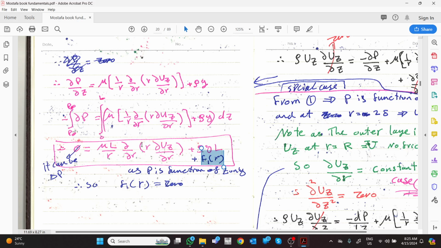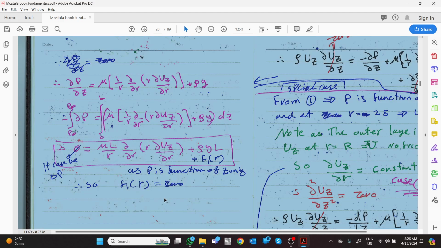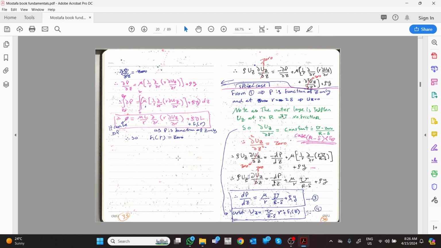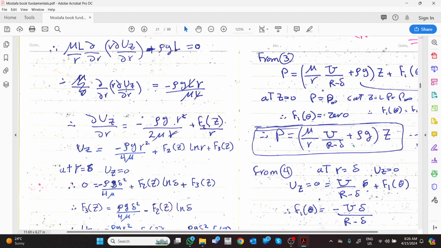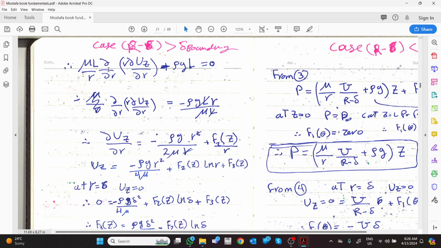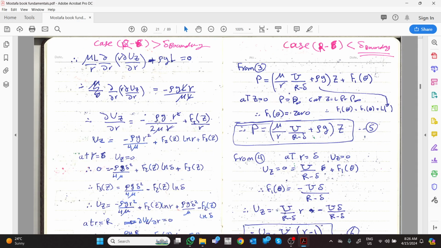There's no Z in it. And it is not changing based on R, and there is no other term of Z which compensates the R value. So this one should be equal 0. Okay, forget the special case. So now put again the equation.